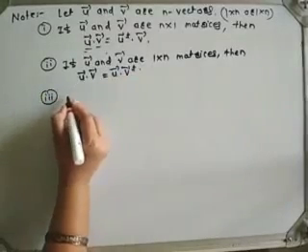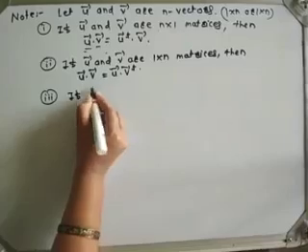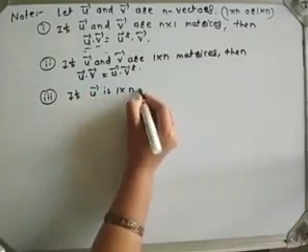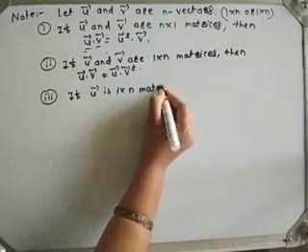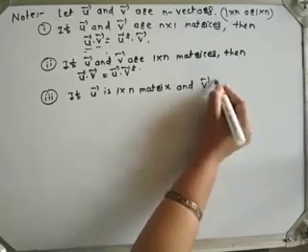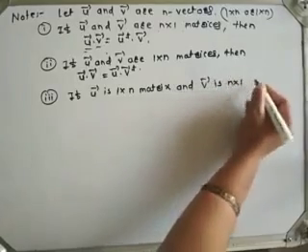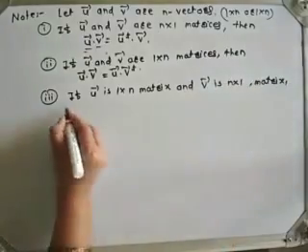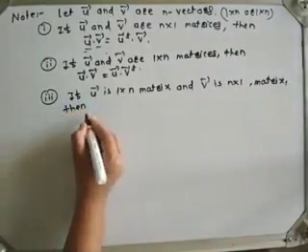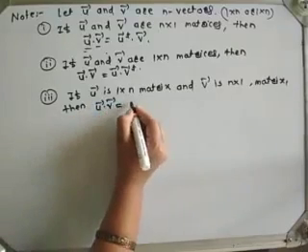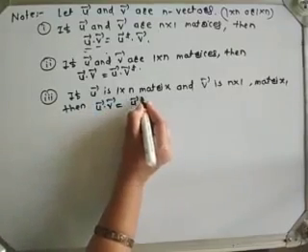And the last is, if u bar is a 1 by n matrix and v bar is an n by 1 matrix, then u bar dot v bar is equal to u bar into v bar.